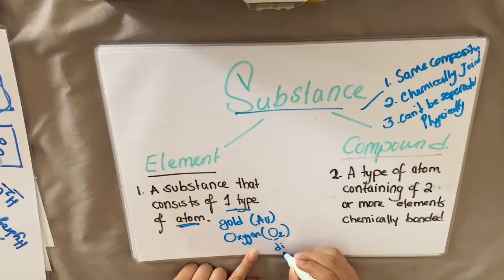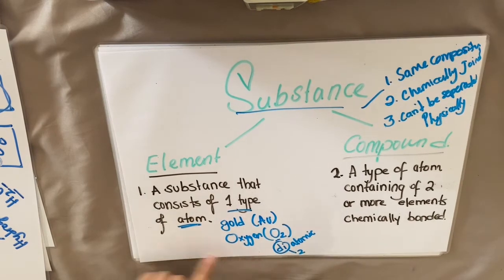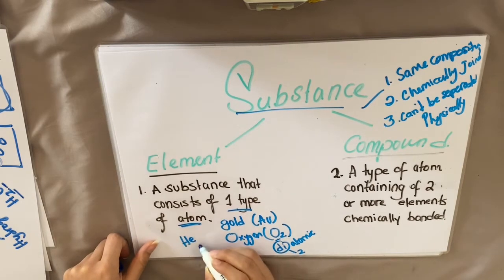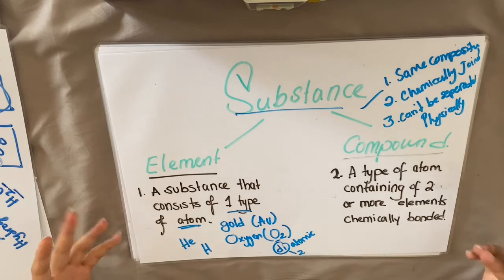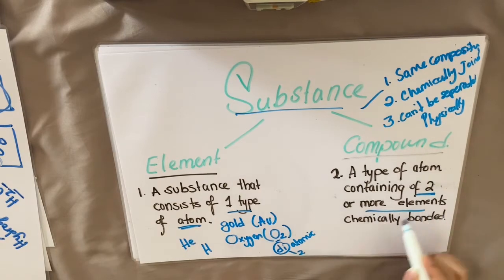Di means two, and atomic from atom. So, what else is an example of an element? Helium, hydrogen. These are elements which are substances that consist of one type of atom, which we find in the periodic table. Compounds, a type of atom containing two or more elements chemically bonded.